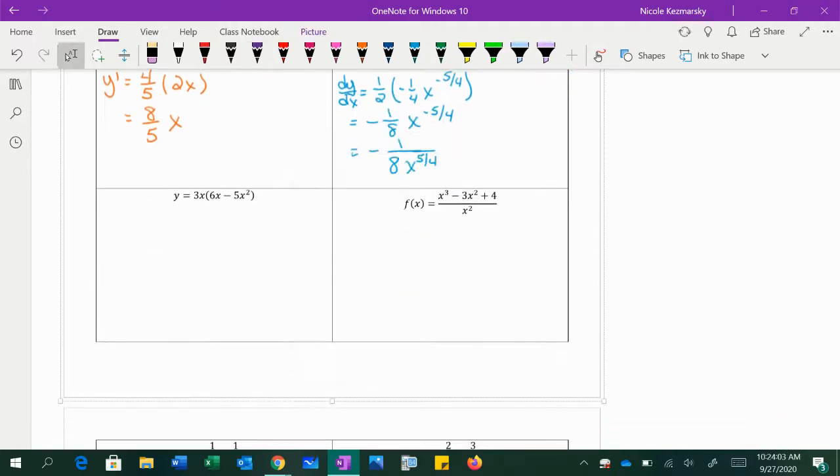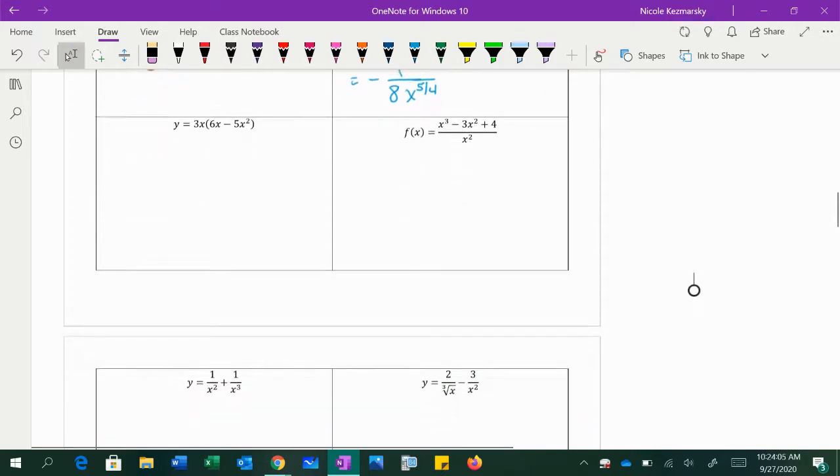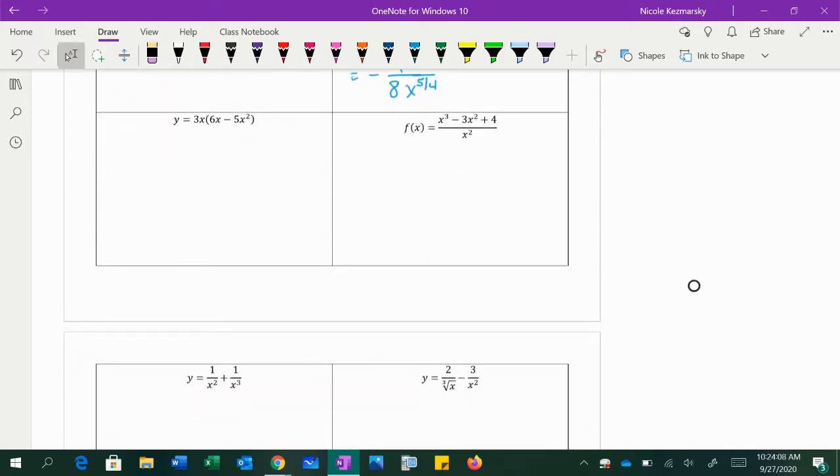For the next example, we would typically use product rule because it's 3x times some stuff with x in it. But we'll talk about that more later. We're going to use just the constant multiple rule, but with a little bit of a rewrite. I'm going to distribute the 3x. So I'm going to make my function y equals 18x squared minus 15x cubed.